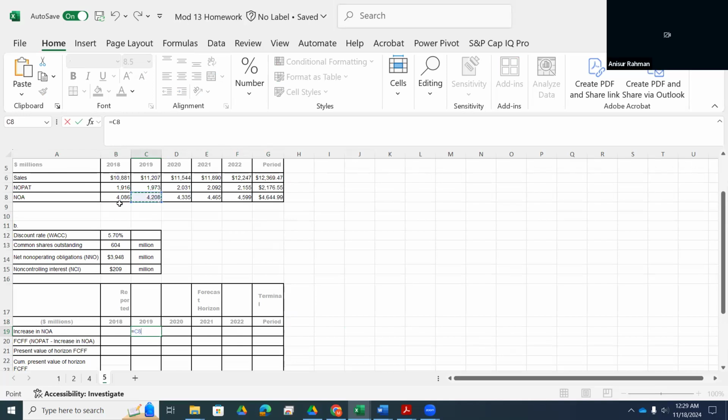NOA this minus this, 2019 minus 2018, pull across. Now free cash flow, again from 2019, our NOPAT in 2019 minus our increase in NOA in 2019.